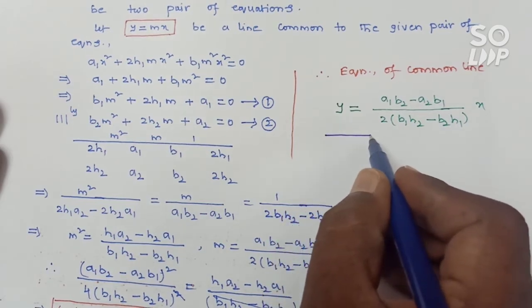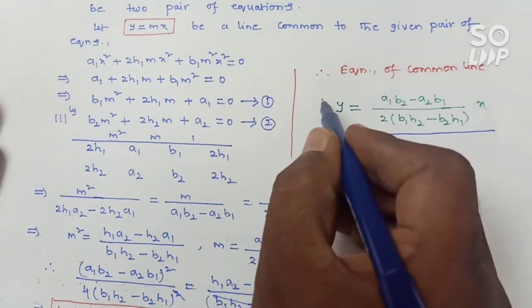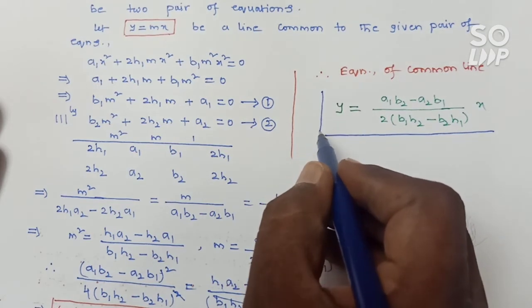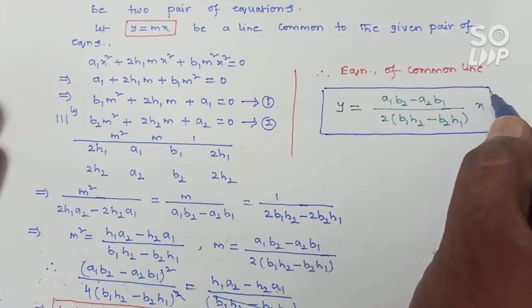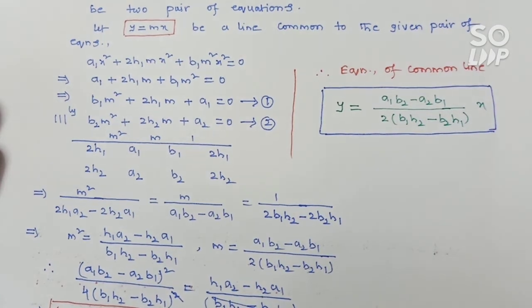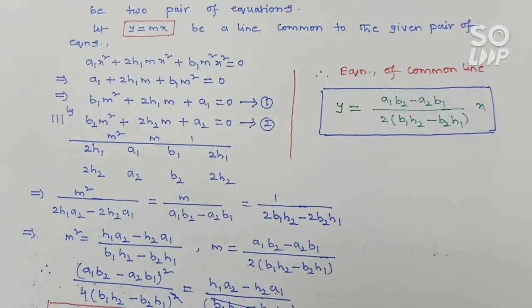So now whenever you have to find the equation of the common line, we can do that by using the direct formula or by taking the factorization. So two methods are there.